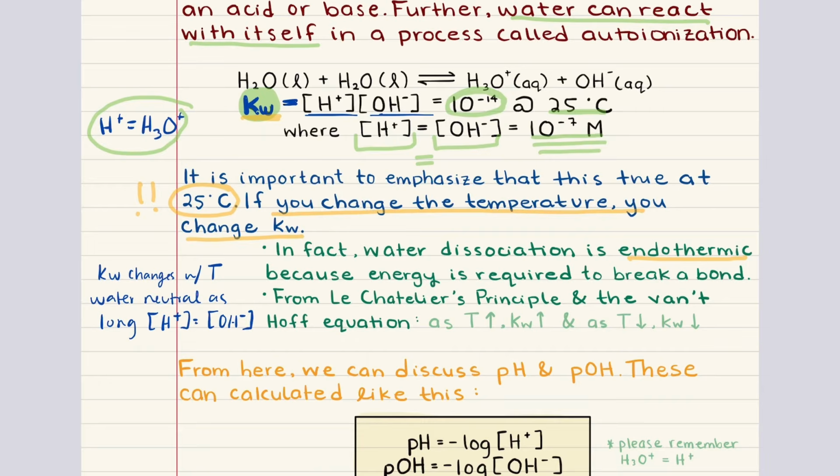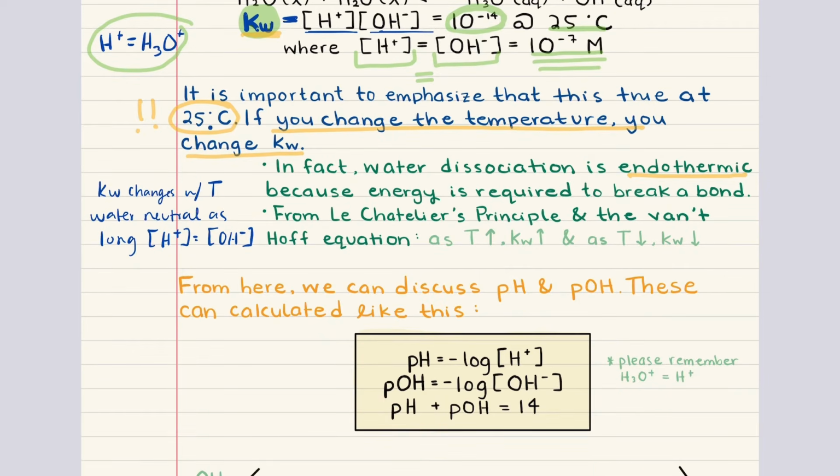So at 25 degrees Celsius, we define neutral as something that corresponds to a pH of 7. But at higher temperatures where Kw is larger, neutrality corresponds to a lower pH. At lower temperatures, neutrality corresponds to a higher pH. So neutrality is really about equality between hydronium and hydroxide ions and not about pH being fixed at 7.